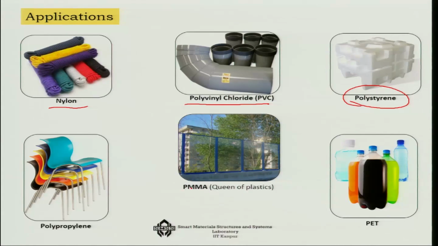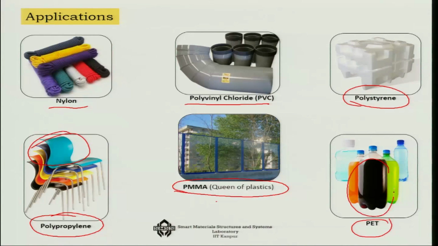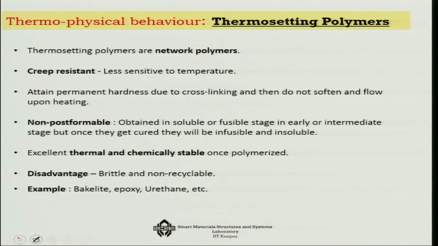PMMA is also known by a common name, some people call it acrylics. You will get it in the market as artificial glasses, for example. They are transparent. Then polypropylene, which is used in chairs, for example, and then PET, which is used in bottles. Now let us look at the thermosetting polymers.